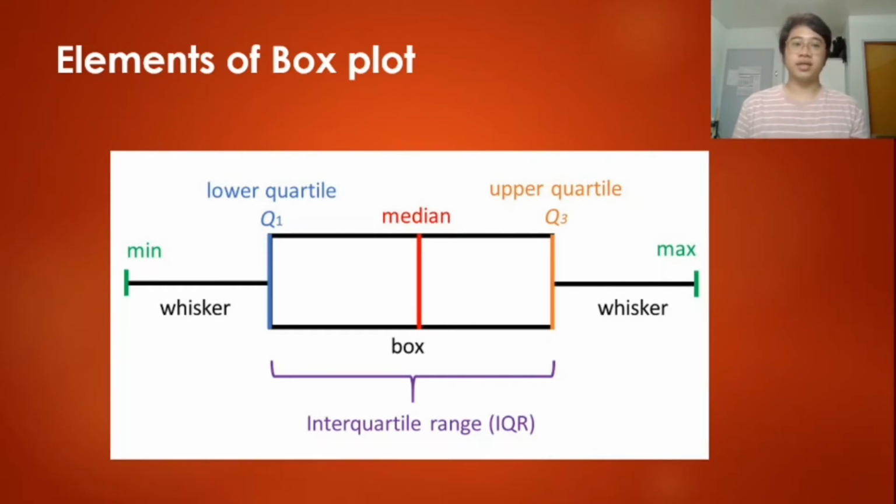The whiskers are the two lines outside the box that extend to the highest and lowest observation. The box is the interquartile range, or IQR.